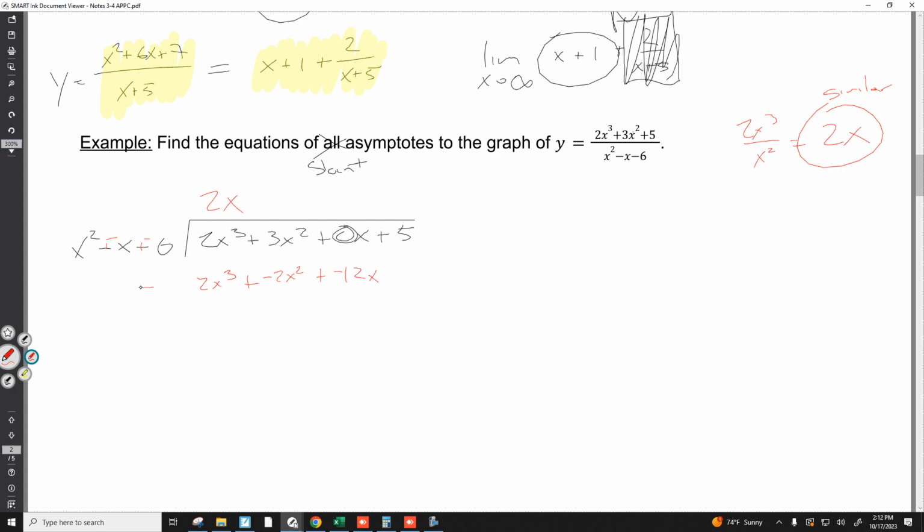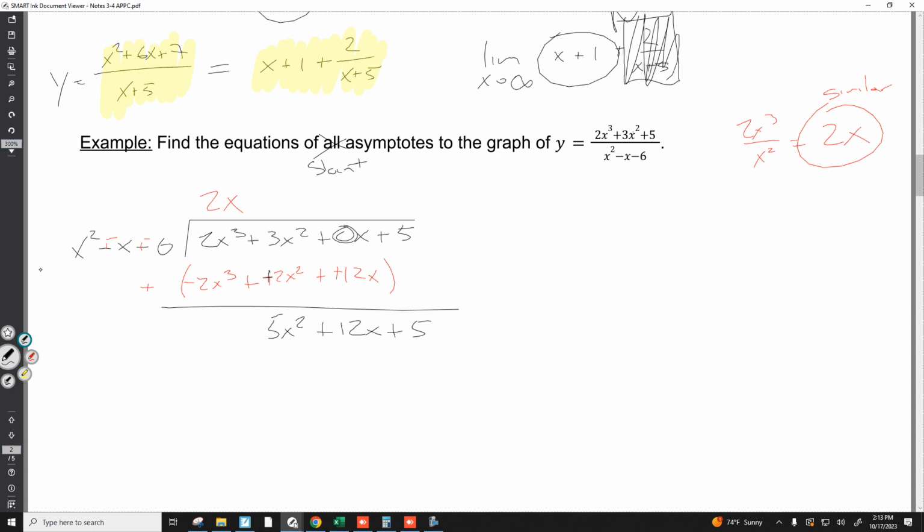Subtract all of this, which means you gotta distribute that minus. Good. After subtracting, we should get 5x squared, 12 x's, and 5. Got that?